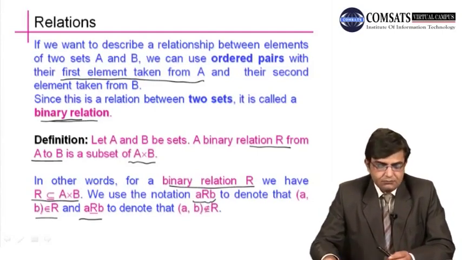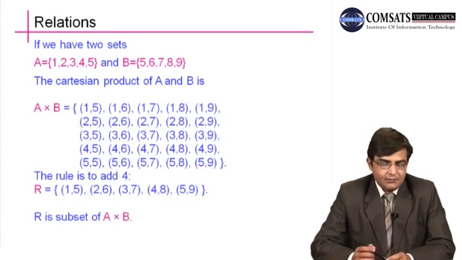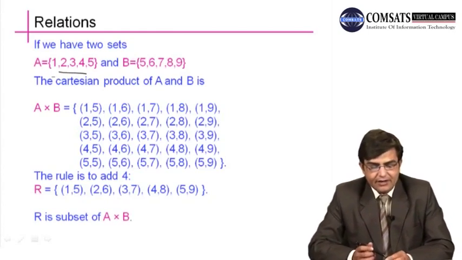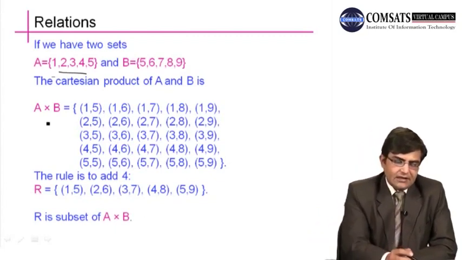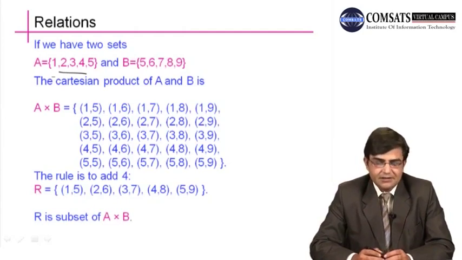Now we take another example. If we have two sets A and B, where A is {1, 2, 3, 4, 5} and B is {5, 6, 7, 8, 9}. Now we define the Cartesian product. As you know, we have written some Cartesian products of two sets in the previous lecture.